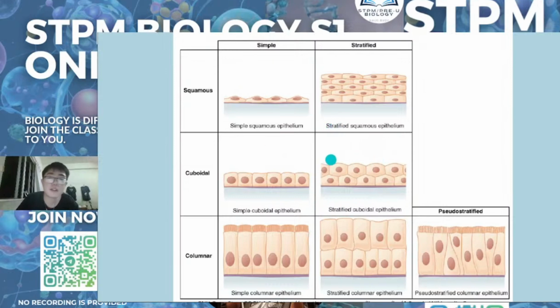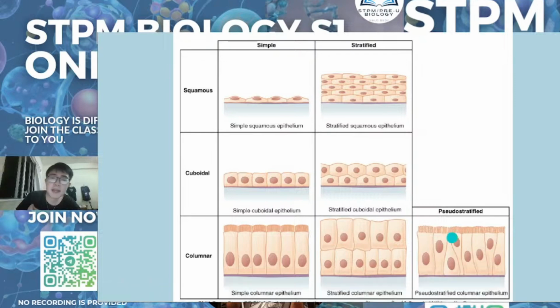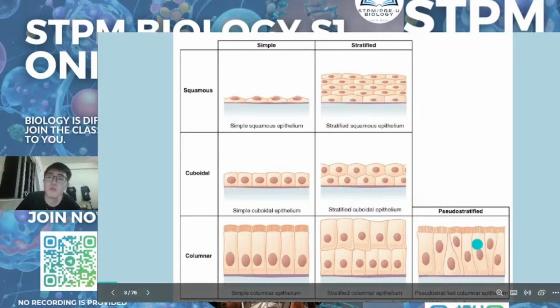These are just the differences, but they have different functions. The other special one is pseudo-stratified. Pseudo-stratified is very special. We cannot say that it is also columnar. If you see the structure here, it looks like it is stratified, but actually it is only one layer.